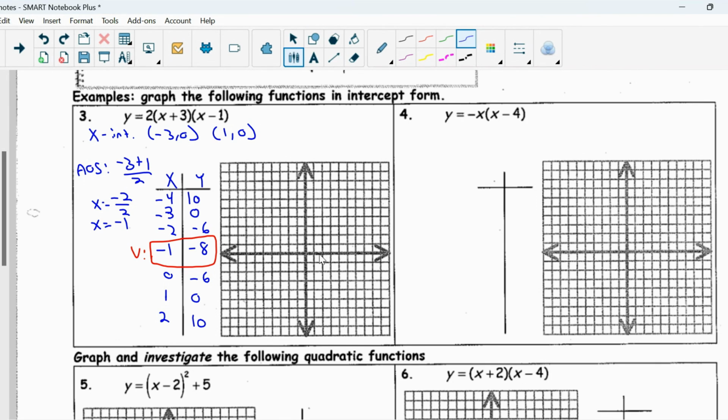So let's go ahead and plot our points. Let's start at our vertex. We have -1, -8. We have 0, -6. We have -3, 0, and 1, 0. Oops, I drew this one too far over. Let's fix that.